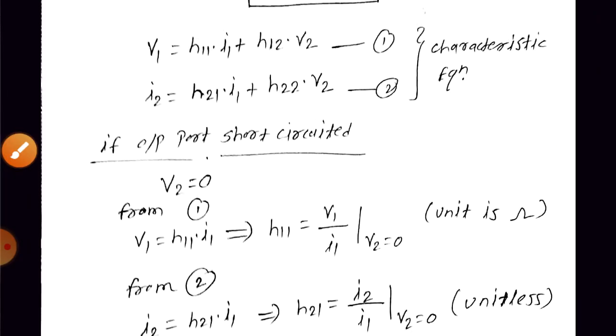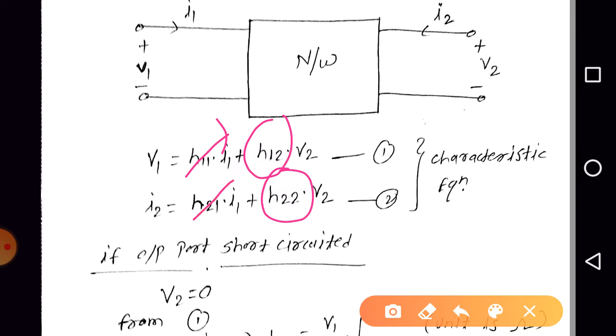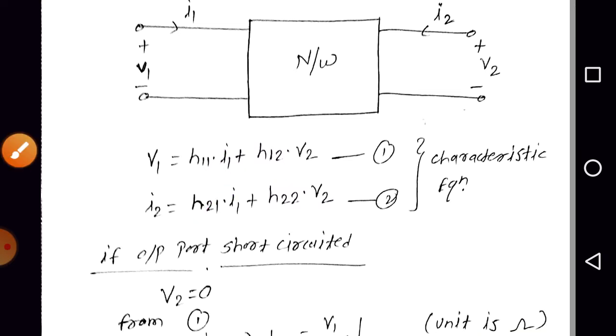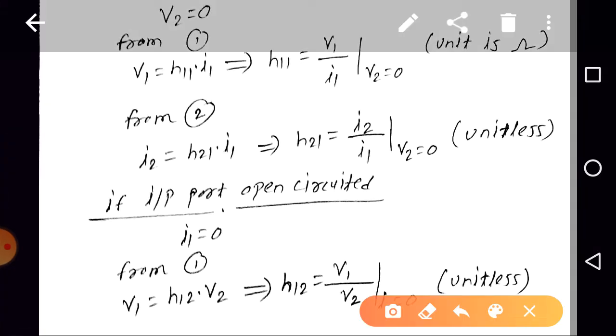Next, in order to find H12 and H22, we need to make I1 equal to 0. For that, we need to keep the input port open circuited.